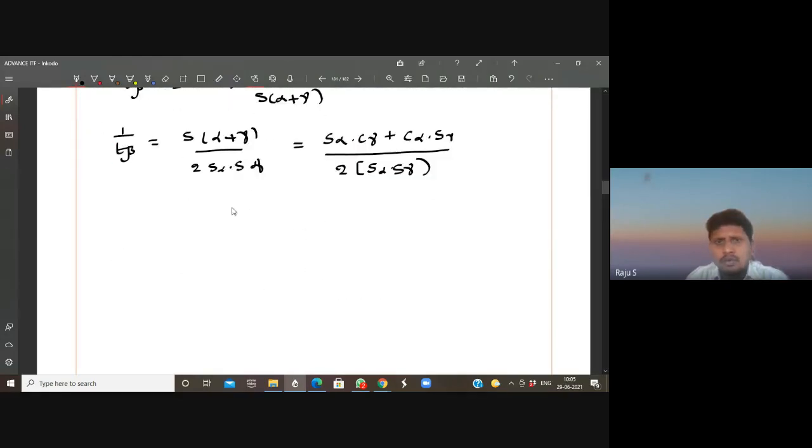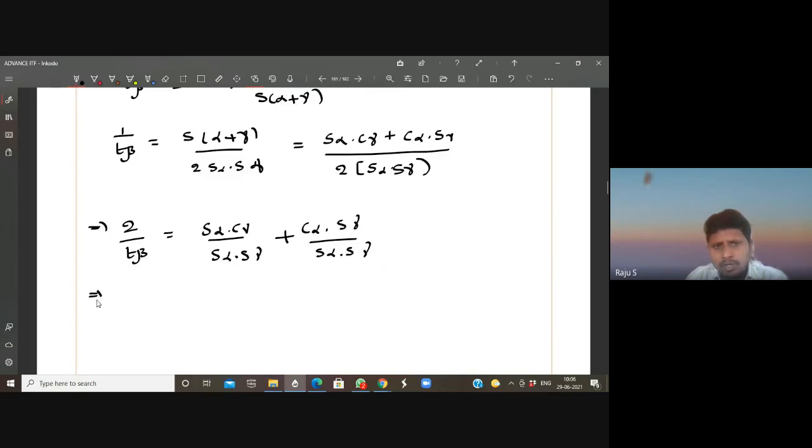Now this 2 I want to cross multiply here. When I cross multiply, 2 by tan beta is equal to, now you can divide the remaining terms: sine alpha cos gamma by sine alpha sine gamma plus cos alpha sine gamma by sine alpha sine gamma. Am I right?